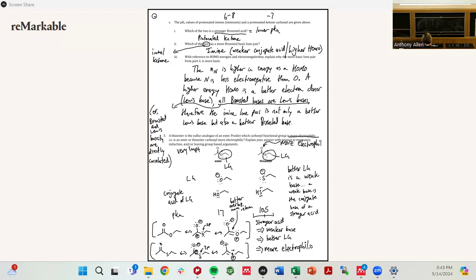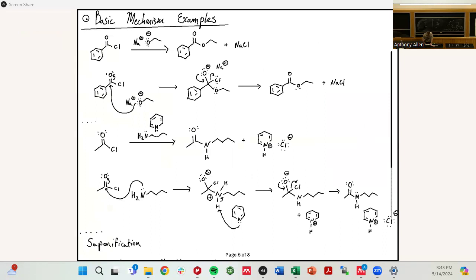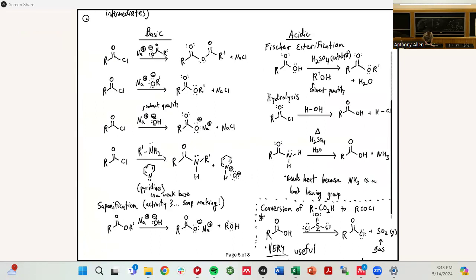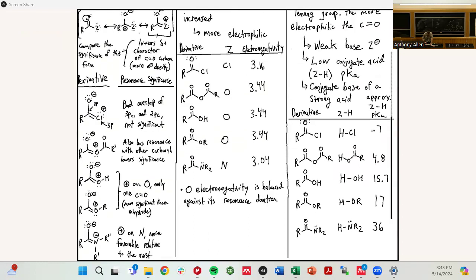It's the same argument that we had for acyl chlorides. So in acyl chlorides, we had this resonance form, right?